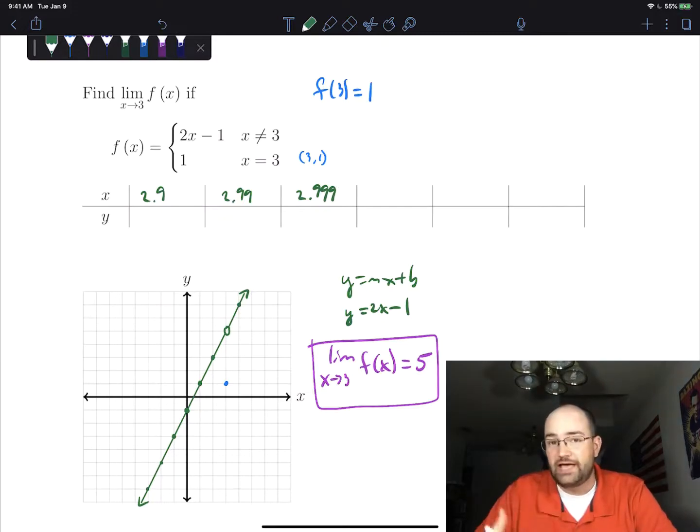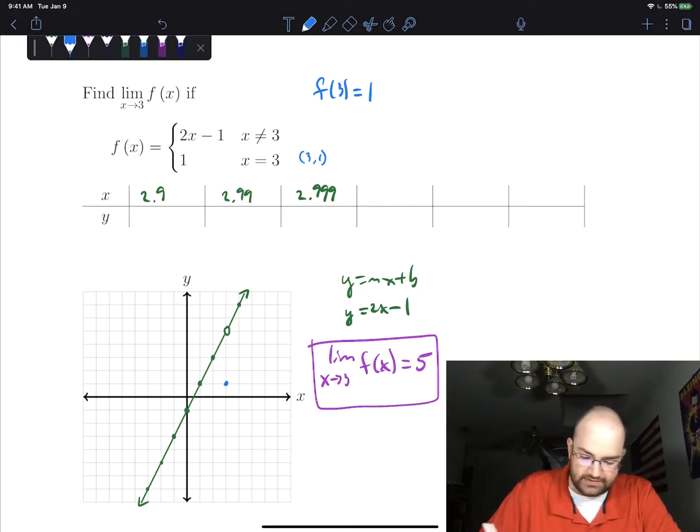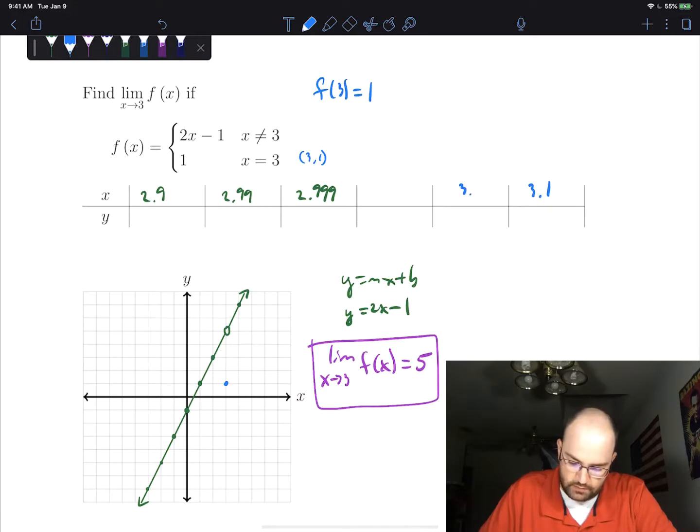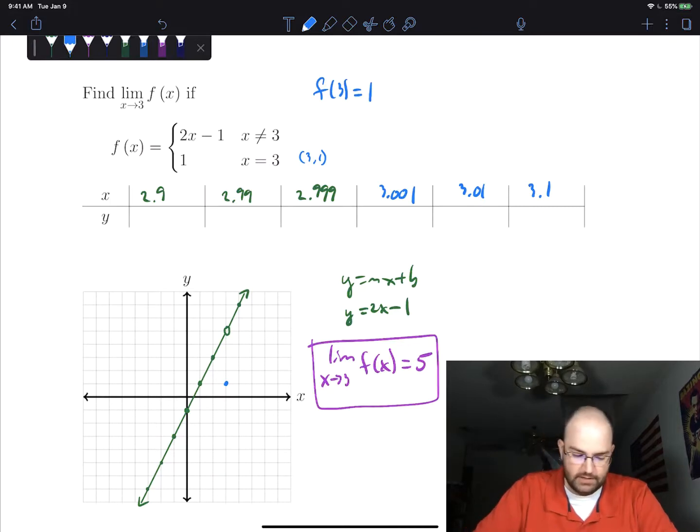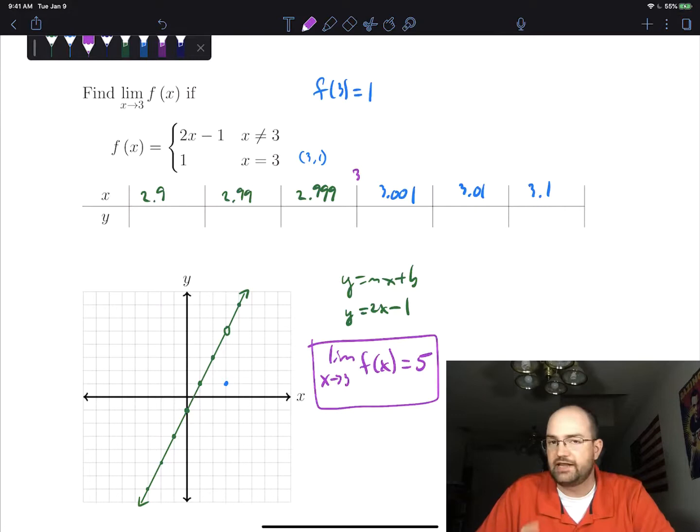Again, we never want to have the actual number 3 here, because it doesn't matter. Now let's do numbers to the right of 3: 3.1, 3.01, and 3.001. Notice we're approaching 3 from both the left-hand side and the right-hand side. Let's go to the calculator to see what these are actually going to be.